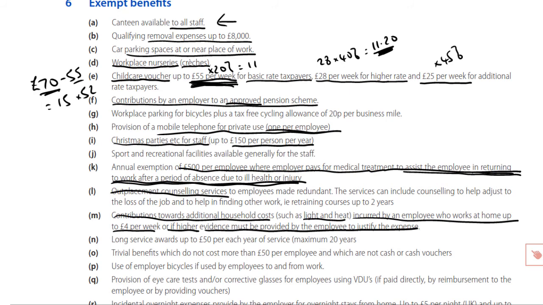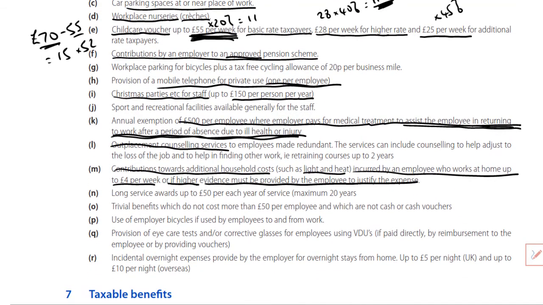Other ones there, now again, come sort of a year or so, I probably won't even mention it, but what is the name? Trivial benefits. The only reason I mention it is it's new, just brought in by the Finance Act of 2016, and things that are new are often things that get tested. In the great scheme of things, it's not particularly important, but trivial benefits, which we define here as those costing no more than £50 per employee, and which are not cash or cash vouchers.